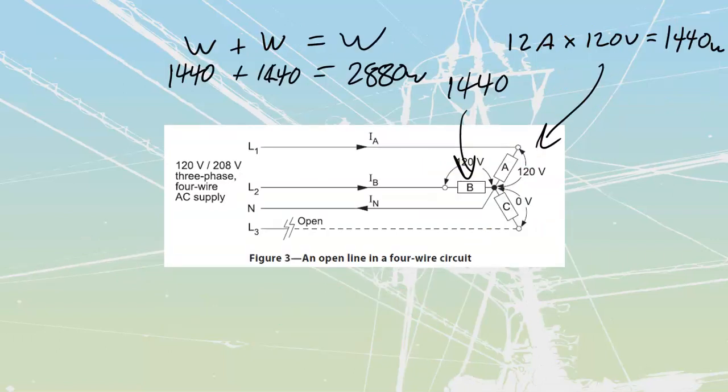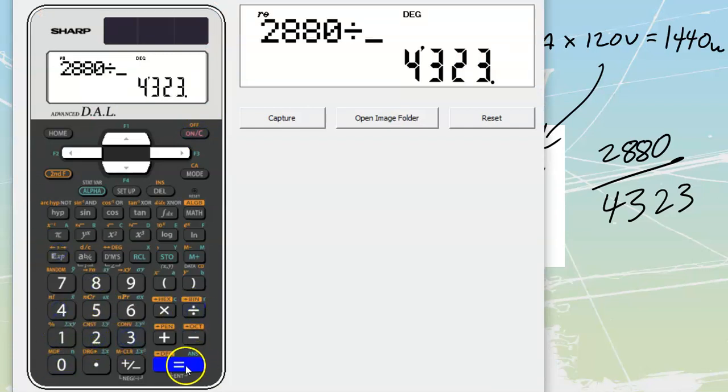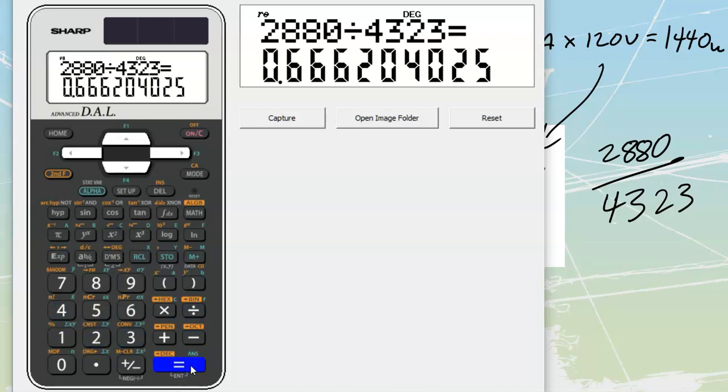We can figure out what percentage this thing would be out of that by dividing: 2880 divided by 4323 equals 0.66620, etc. Once again, a little bit of rounding error inside of here, but we should recognize 0.66 repeating as being 2/3.